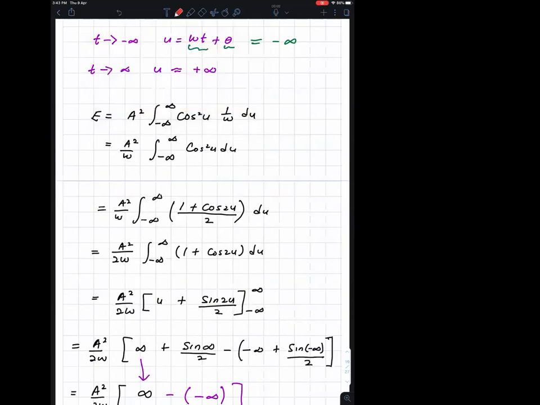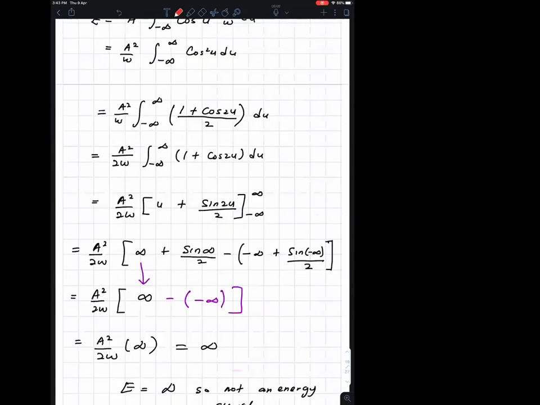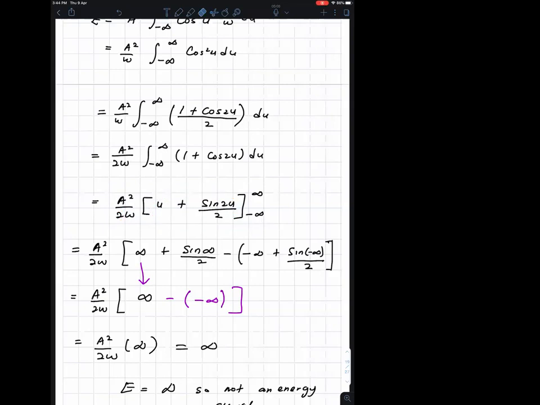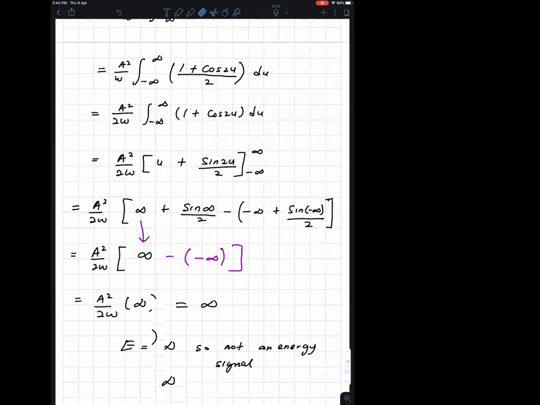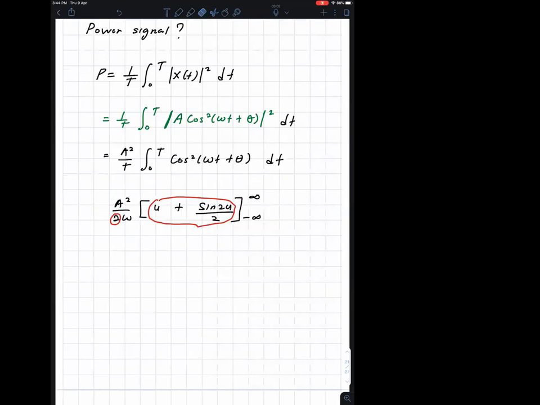If you don't want to integrate again, you can just use the previous result. Previously we still have the 2 omega, am I right?